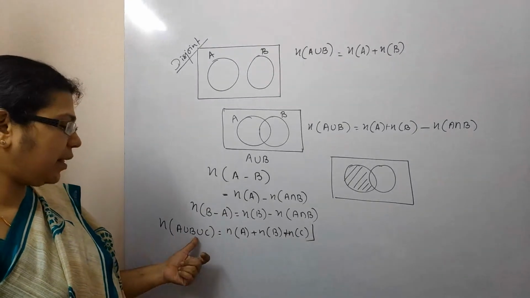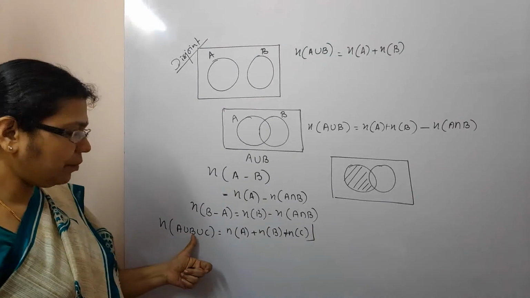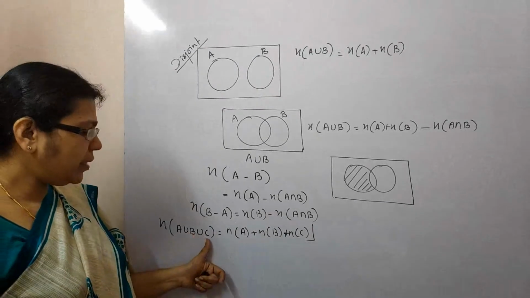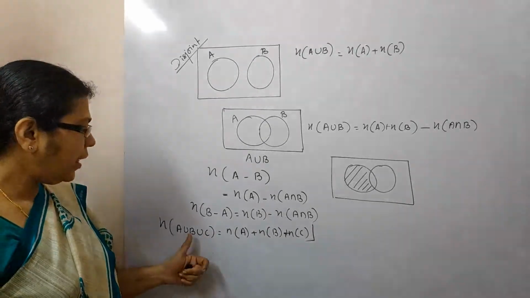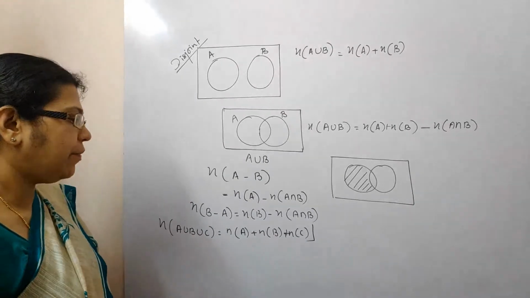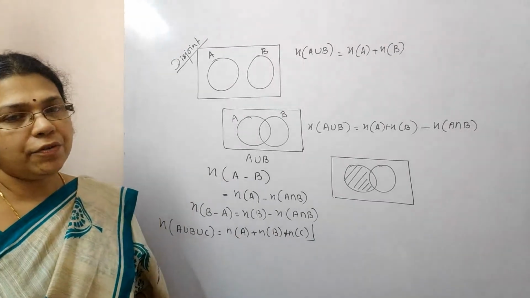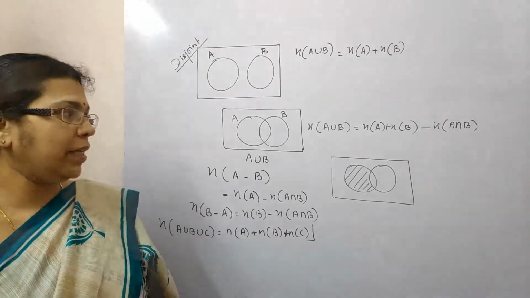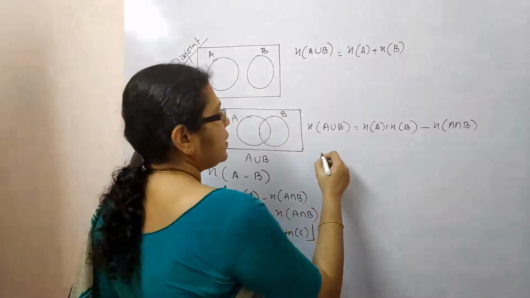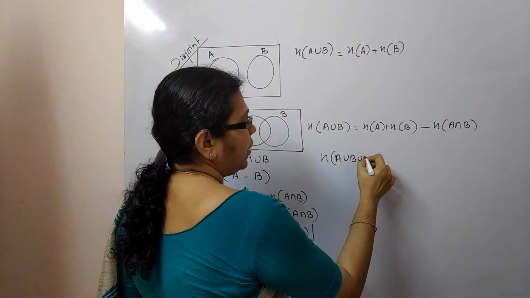A intersection B there is nothing in common, B intersection C there is nothing in common, A intersection C there is nothing in common. That means they are mutually disjoint. When they are mutually disjoint, n(A union B union C) is equal to n(A) plus n(B) plus n(C).